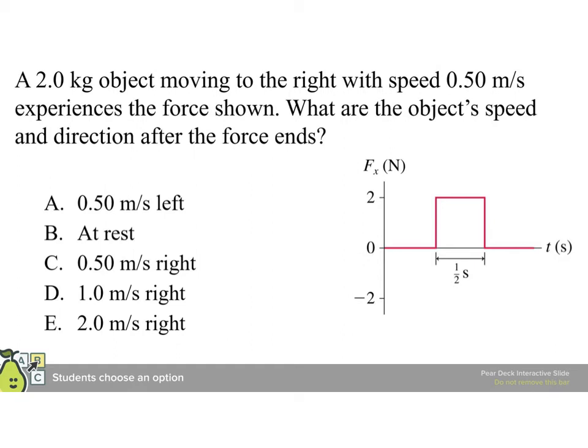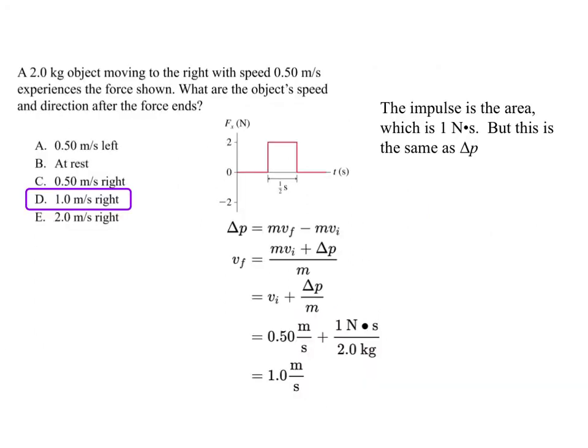Here we're going to use that this area is J, which means it's also delta P. So we have Pf is Pi plus delta P, or Vf is m vi plus delta P, all over m.